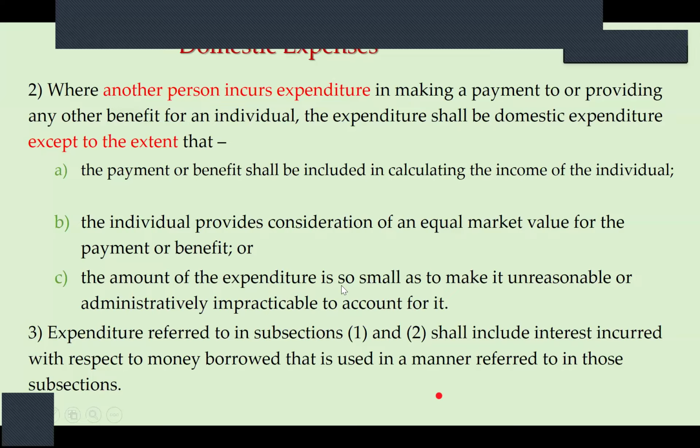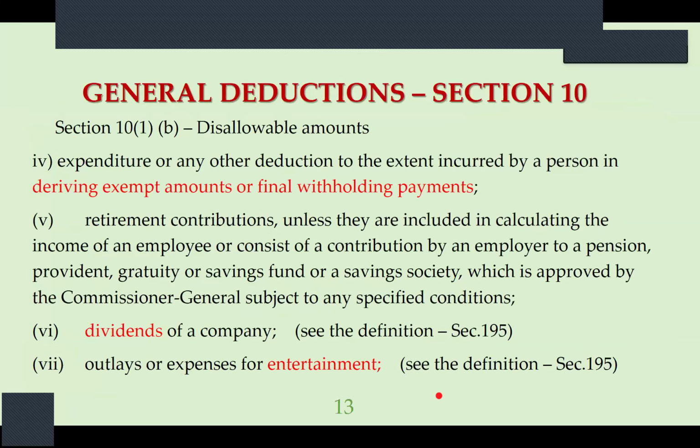So not only the expenditure, but if we use that borrowed money to incur expenditure mentioned under item 1 and subsection 1 and subsection 2, that interest expense is also not allowable as a deduction. So those are the expenses that are not allowable as a deduction under domestic expenditure.